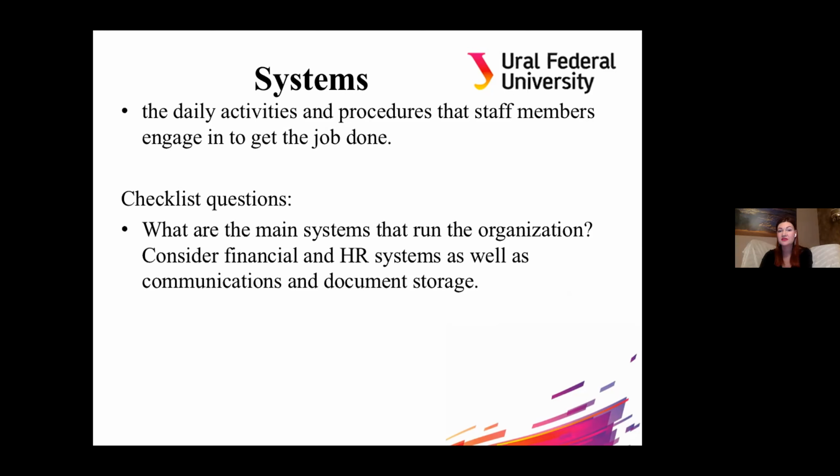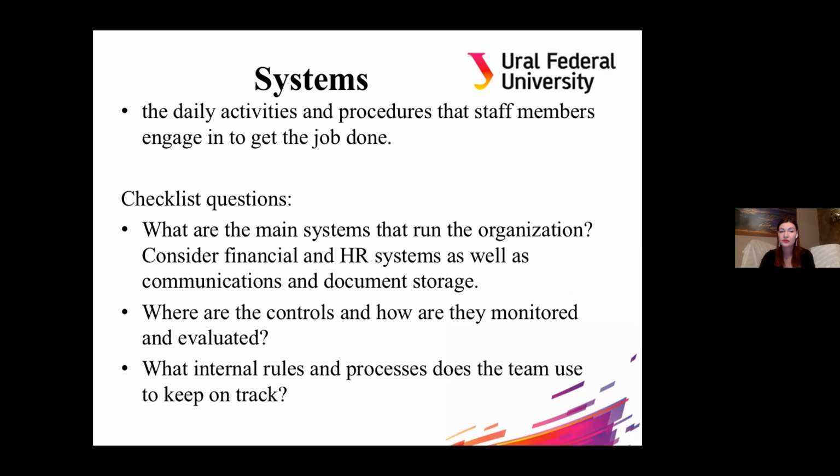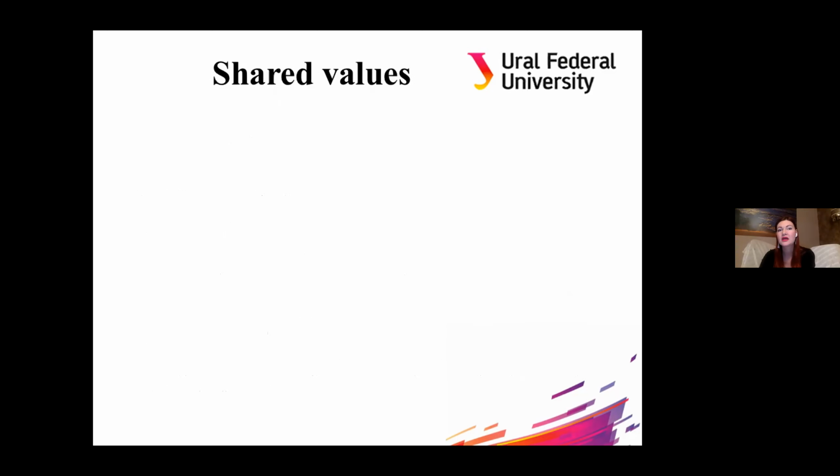Consider financial and HR systems as well as communications and document storage. Where are the controls and how are they monitored and evaluated? And what internal rules and processes does the team use to keep on track? So the system is really connected to the corporate culture, and most of all to some information system.